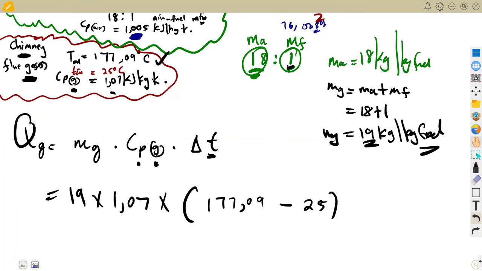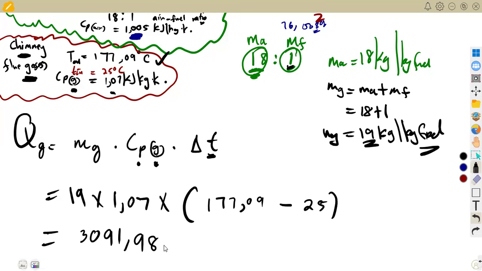So we have got the Q for the dry gases, which from my calculation is something like 3091.9999997.